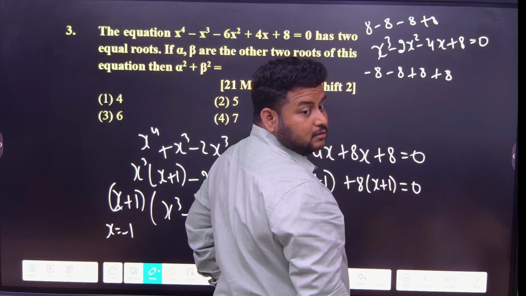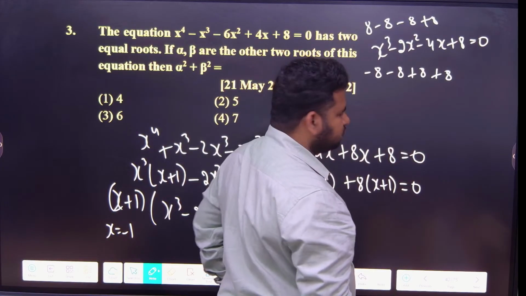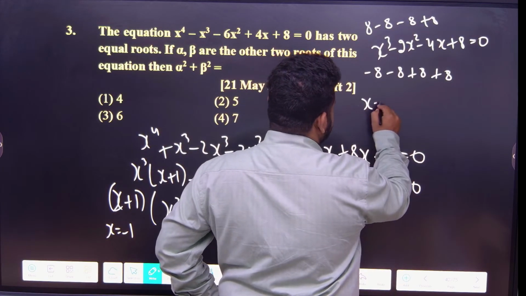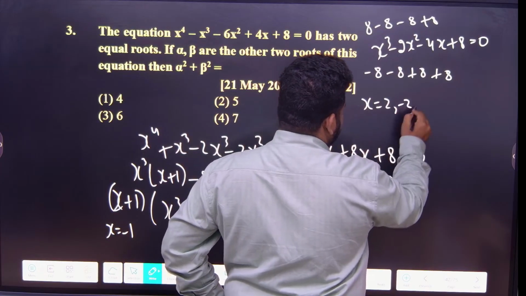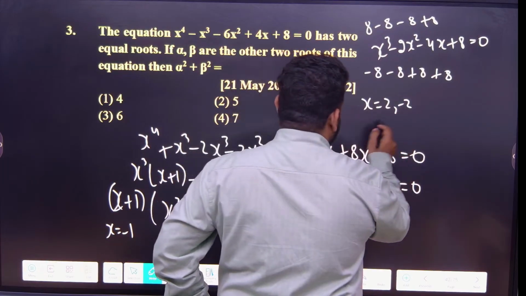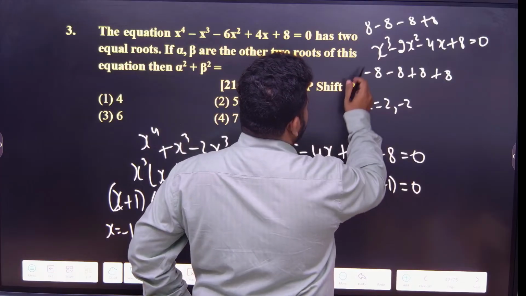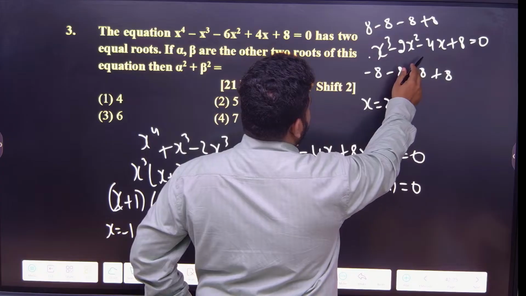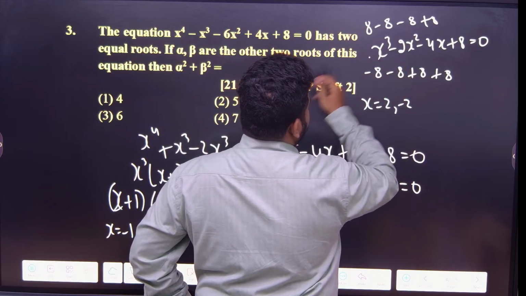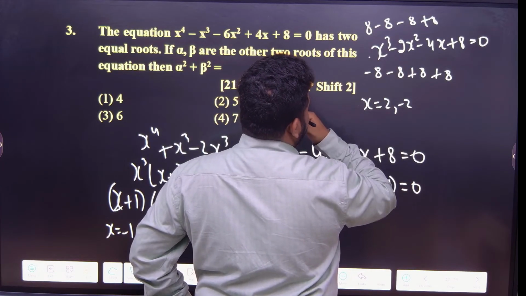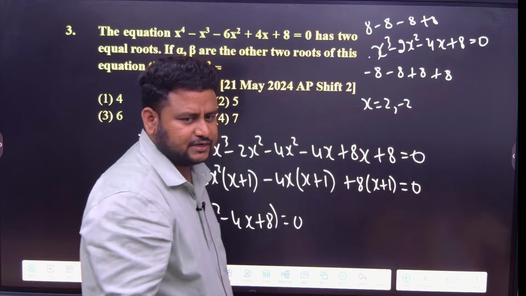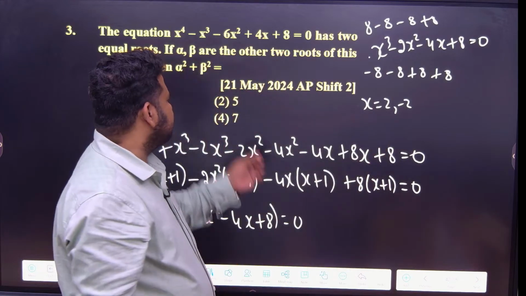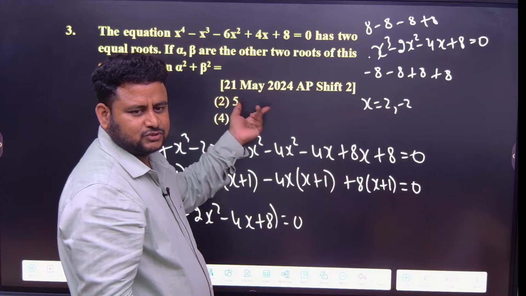So I can take x is equal to 2 or x is equal to minus 2. So x is equal to 2 or minus 2, anything you can take. It does not matter because you are squaring it here, 2 or minus 2 does not matter.